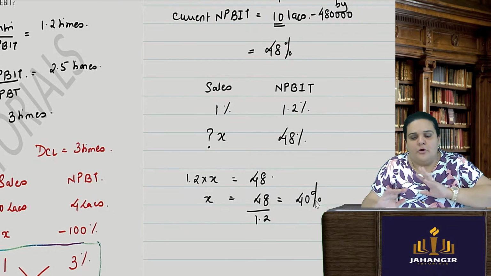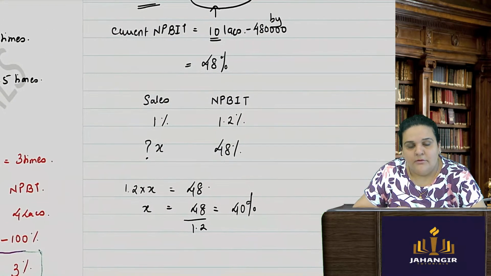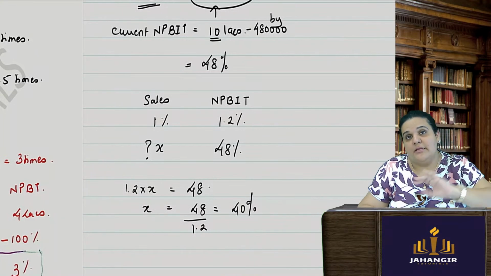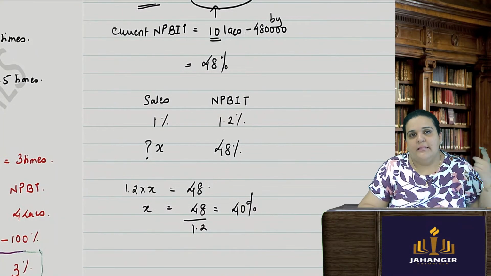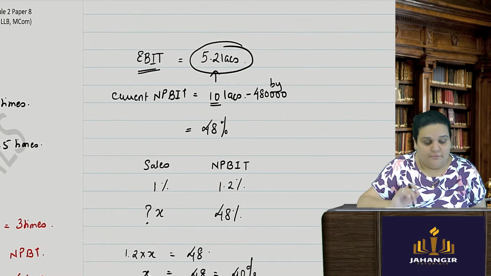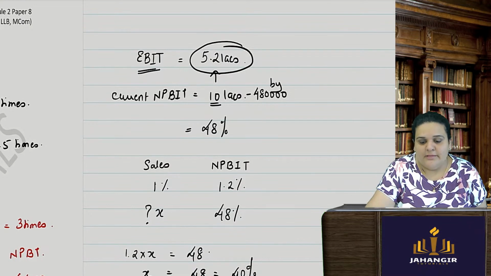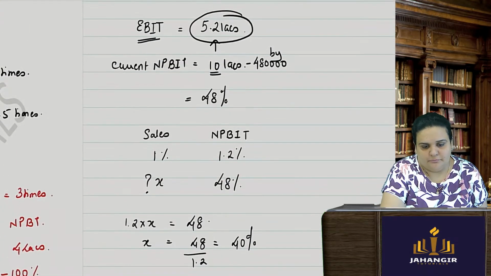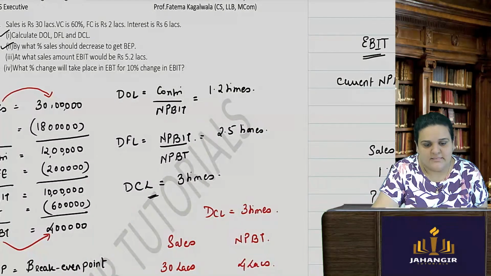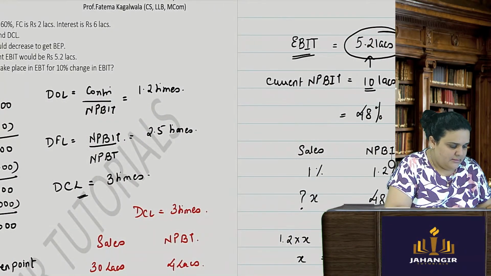Decrease by 40%. Don't put minus sign to confuse yourself over here. So my sales has to decrease by 40%. Only then I can get my NPBIT as 5,20,000, 5.2 lakhs. Sales is 30 lakhs. Decrease your sales by 30 lakhs into 40%.